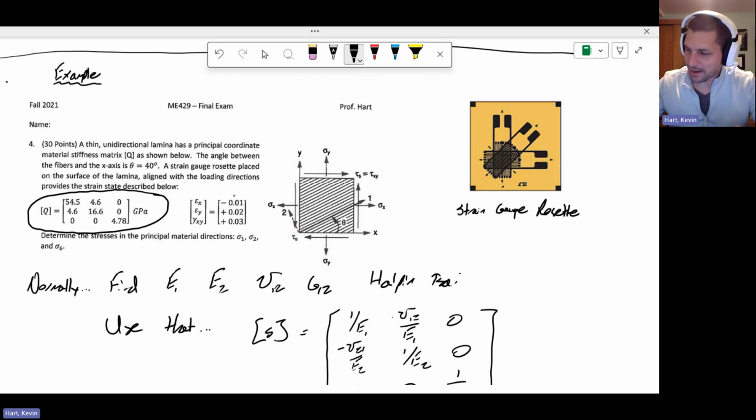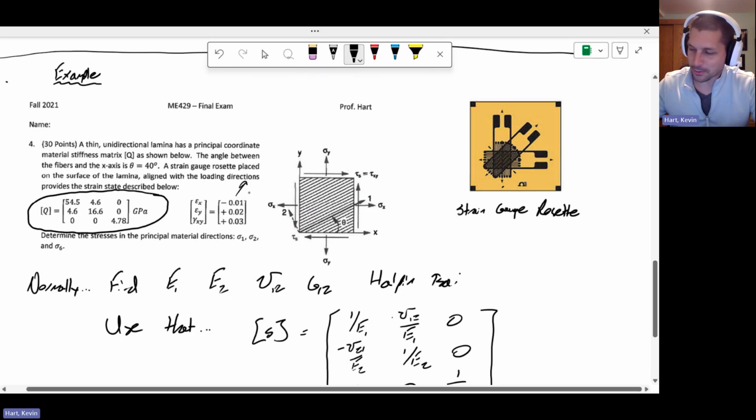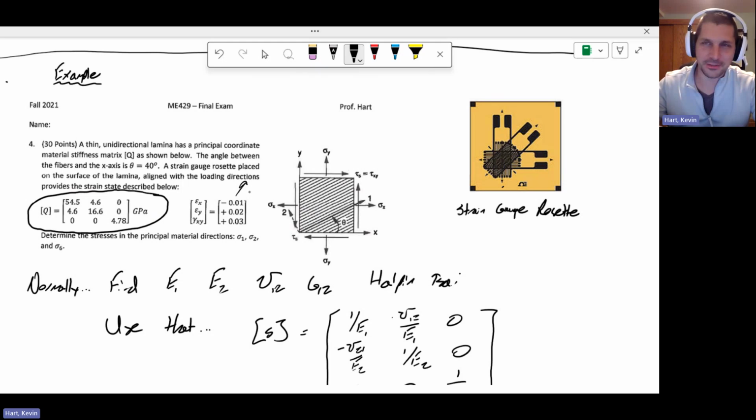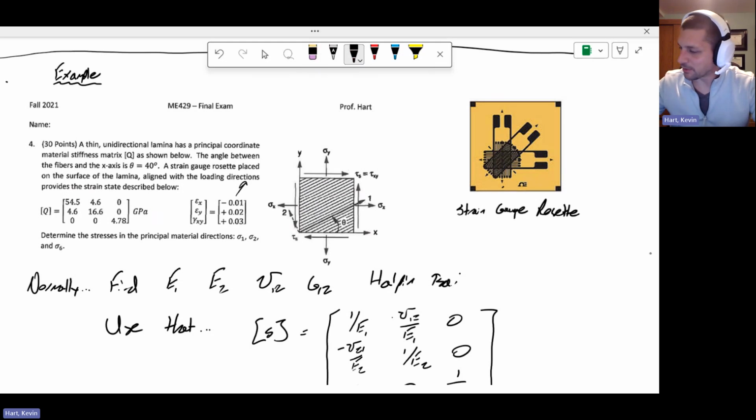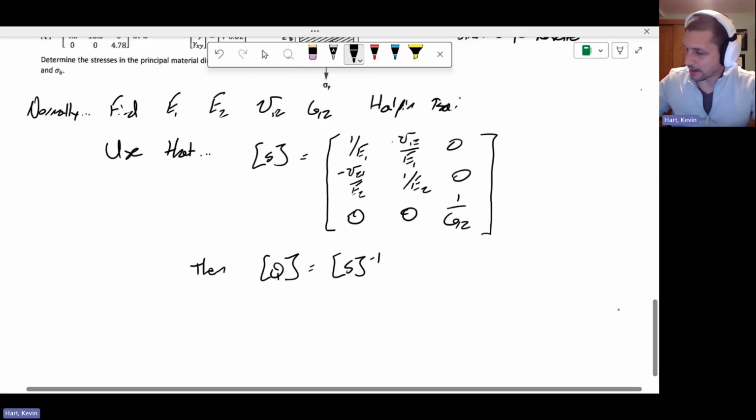Then take strain multiplied by the stiffness in the XY coordinate system to get stress in the XY coordinate system, then transform the stress from XY into 1, 2. That is much more complicated and much longer, but it is another way that you could go. I'm going to go with route number 1. So I'm going to write that strategy down here, and then we're going to just go ahead and execute that.